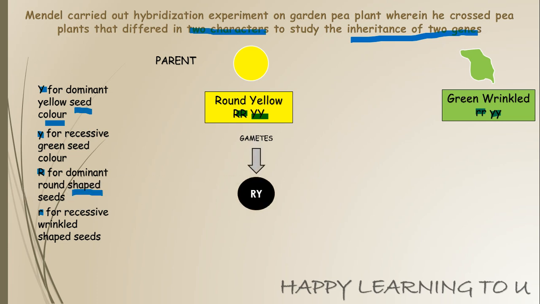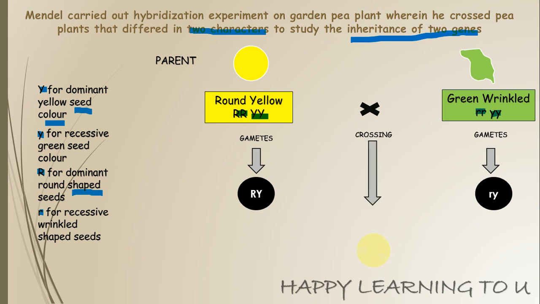So the gamete here is capital RY and the gamete for the other parent is small ry. As per his experiment, when he first carried out the crossing, the offspring obtained were all round yellow, capital R small r, capital Y small y. This one is the F1 generation.